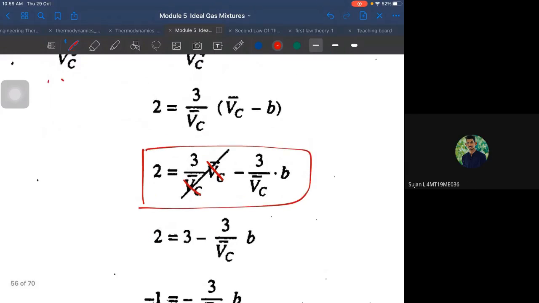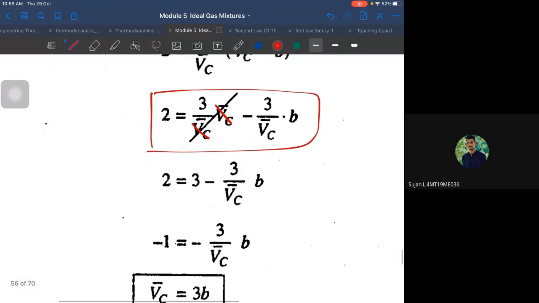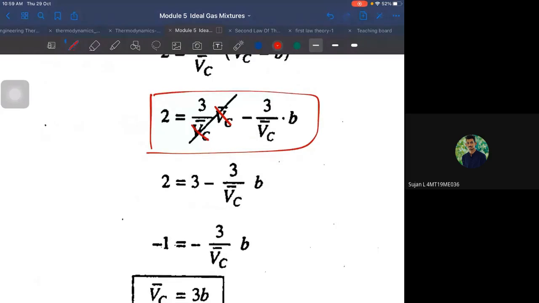3 is common. So I can take 3 common and simplify further. So it is 3 minus 3 divided by V bar C into B. Or else I can just send this 3 to the other side, where it becomes 2 minus 3, that is equal to minus 3 divided by V bar C into B. 2 minus 3 is minus 1, and the remaining expression he has just written here.